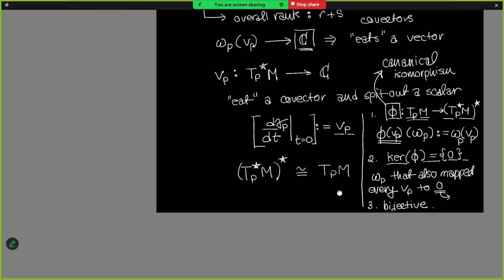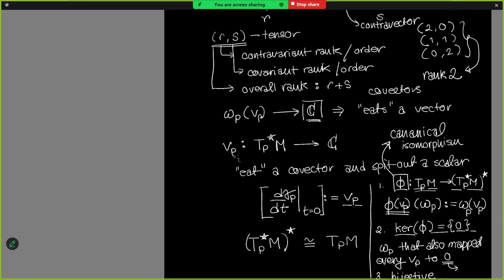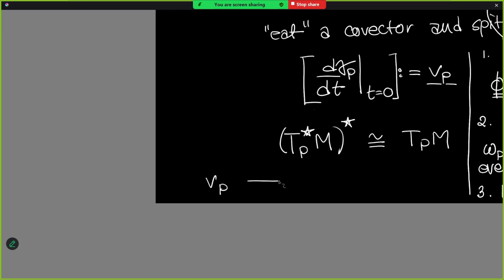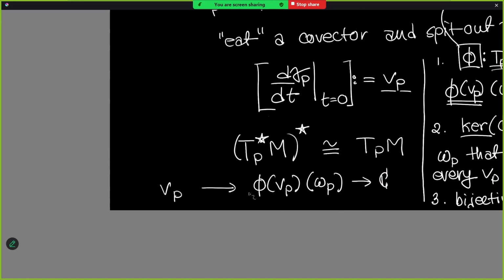And so that means that we can think of every v_p. This is an abuse of notation. Basically what we're doing is we're associating v_p with phi of v_p, and phi of v_p is a map that takes omega_p to a complex number.